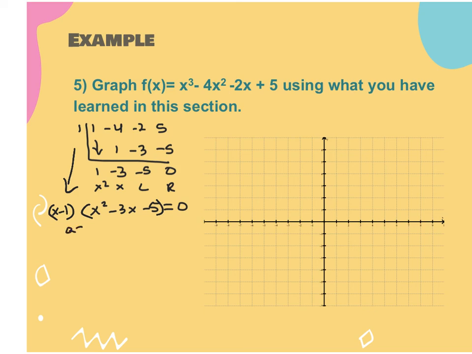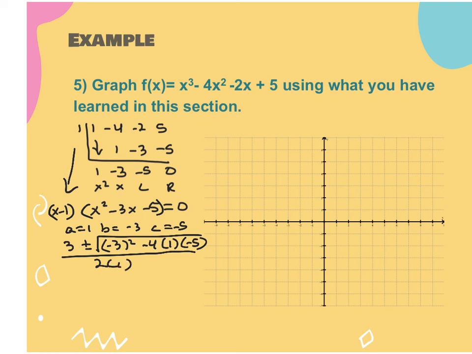So my a is 1, my b is negative 3, my c is negative 5. Opposite of b is 3, plus or minus the square root of negative 3 squared minus 4 times a times c, all divided by 2 times a. So 3 plus or minus the square root of 9, and then negative 4 times 1 times negative 5 is positive 20.